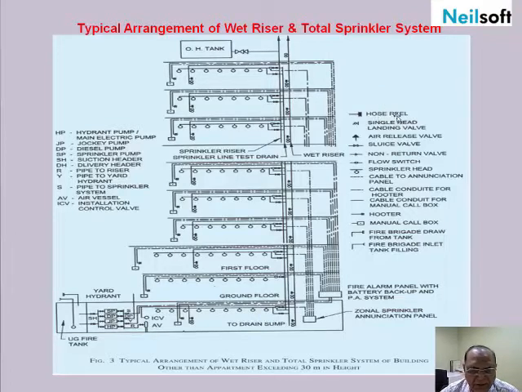Those are explaining the components with the legend marks. What we see over here, these are the panel for the automatic alarm systems, and these are the annunciation panel for flow switches and other things.